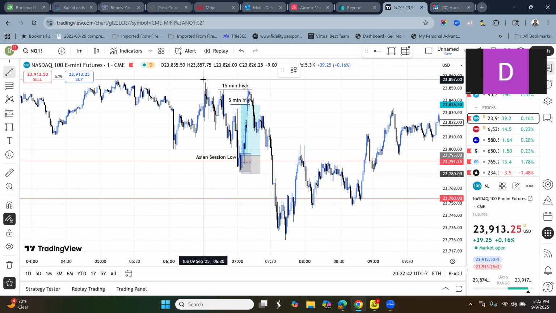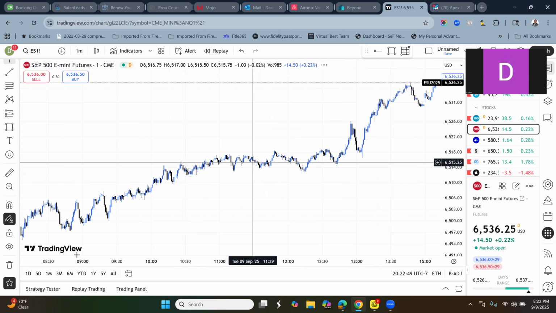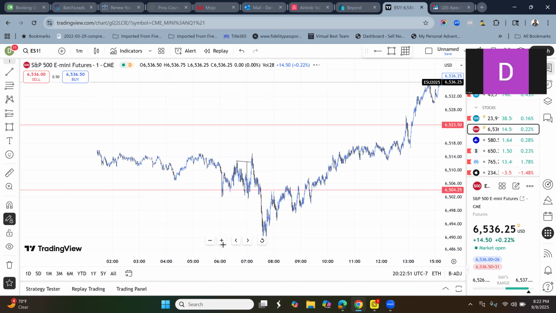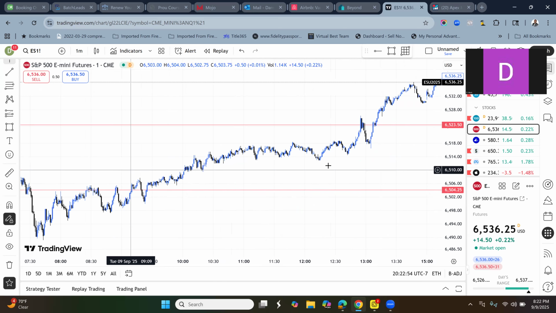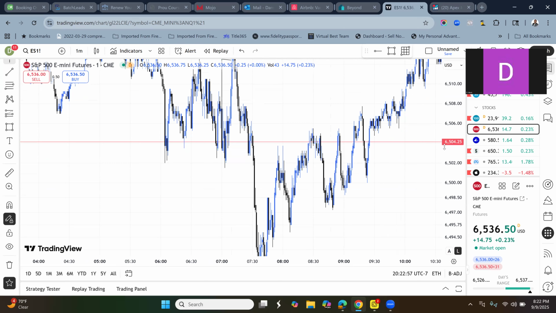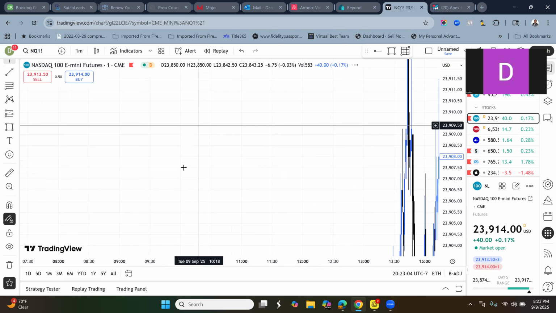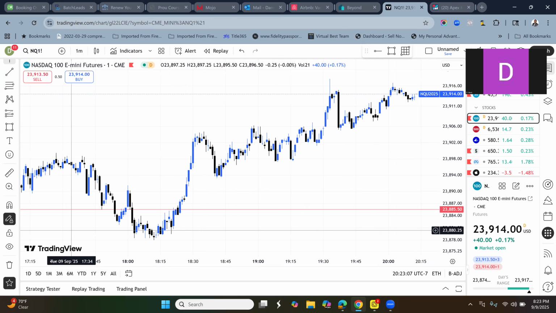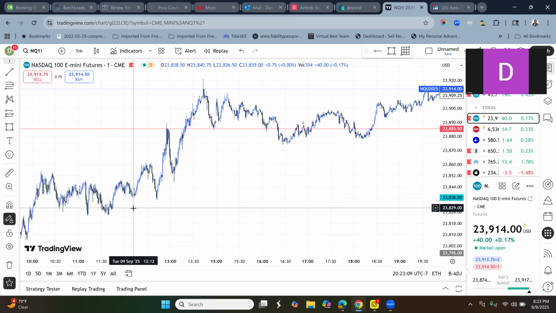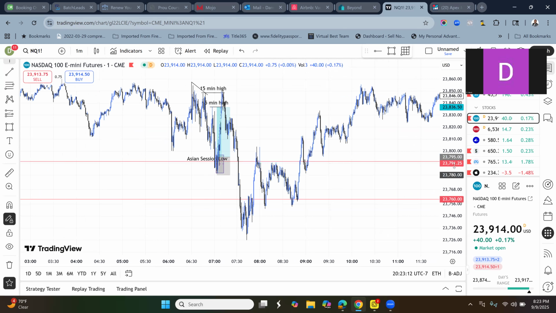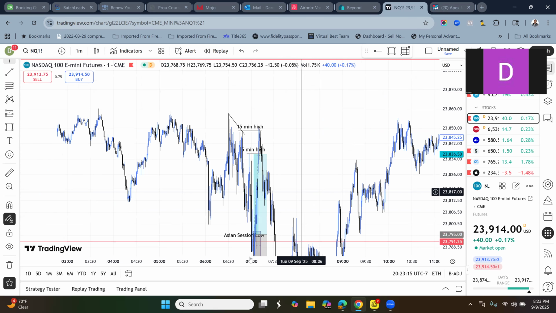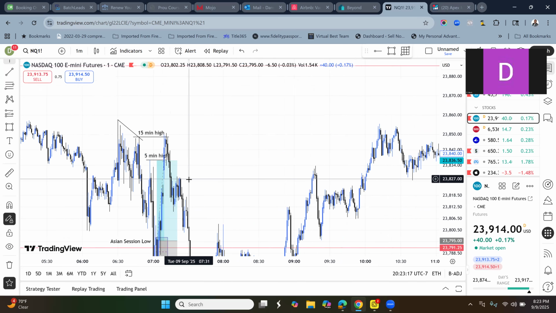You can see we made an SMT from these highs, with ES. ES made a higher high, and Nasdaq made a lower high. I know my mentor actually took shorts, or I'll call him my previous mentor, because now I'm bullish.